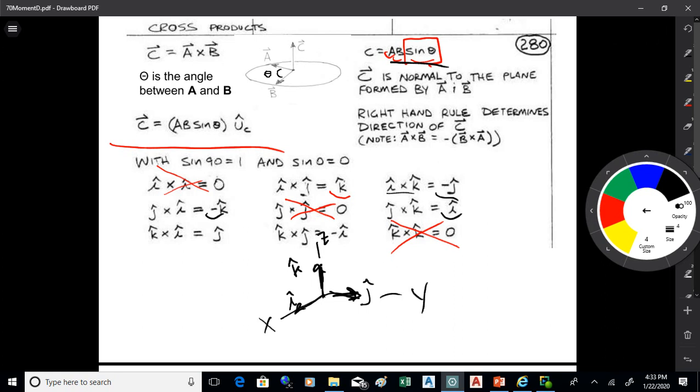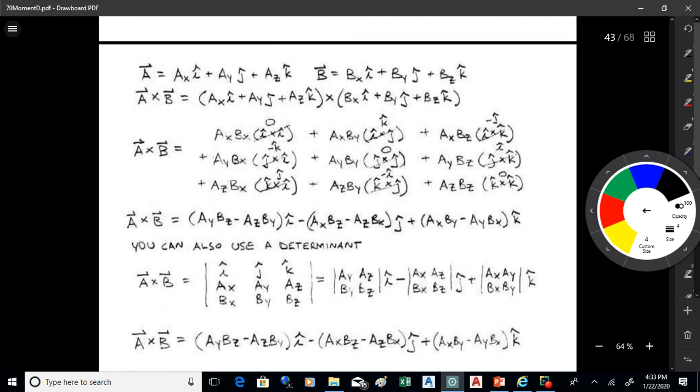If I cross k with i, so that's the z-axis towards the x-axis, my right thumb will point in the positive j direction. And then if I cross k with j, which is z towards y, my thumb will point in the negative x direction. So there you go. That's what happens when you cross unit vectors, every possible combination of unit vectors.